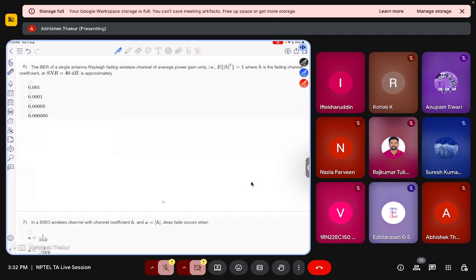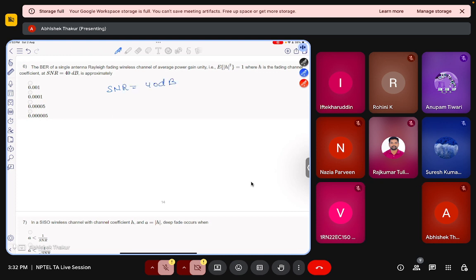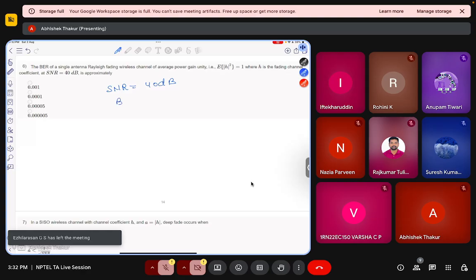So the bit error rate of a single antenna relay fading wireless channel of average power gain unity is given as, where H is the fading channel coefficient and SNR is given as 40 dB. So we have to find the bit error rate. So we know that for bit error rate the approximate value is 1 by 2 SNR for high value of SNR.